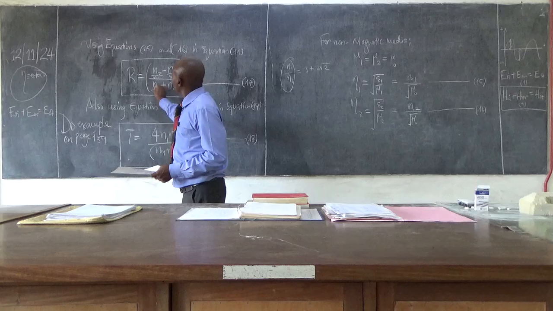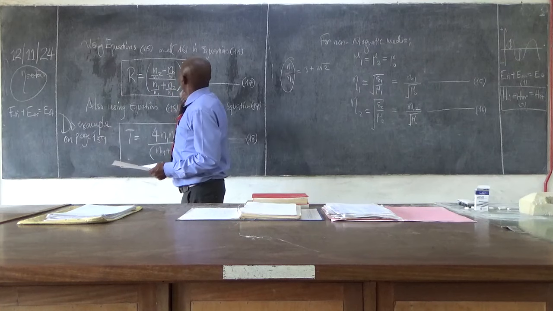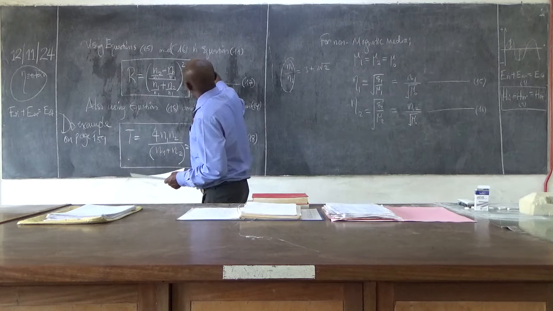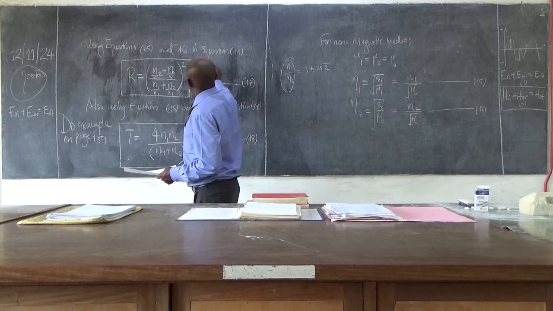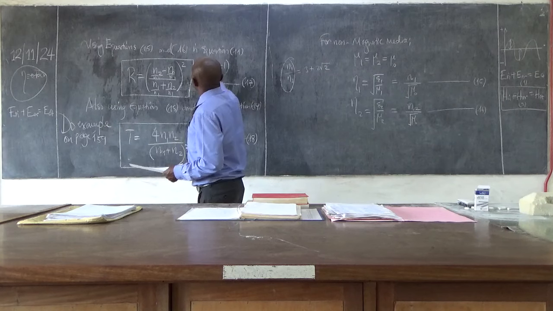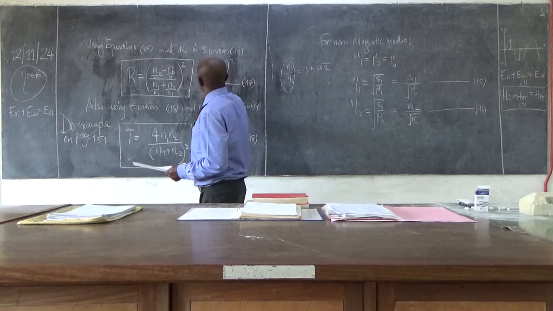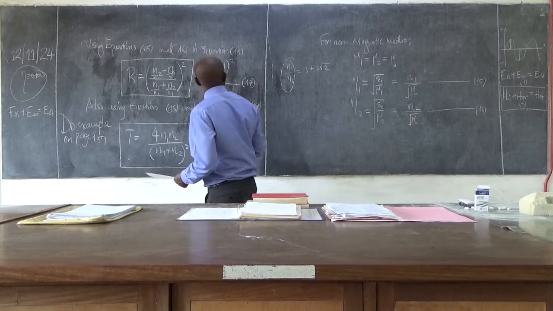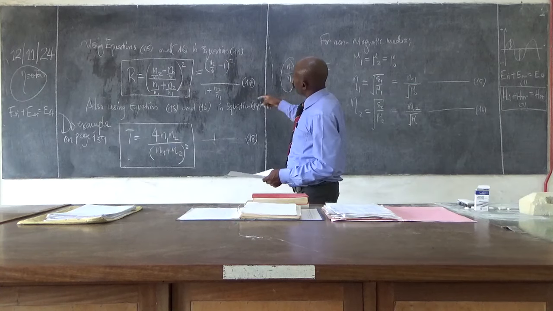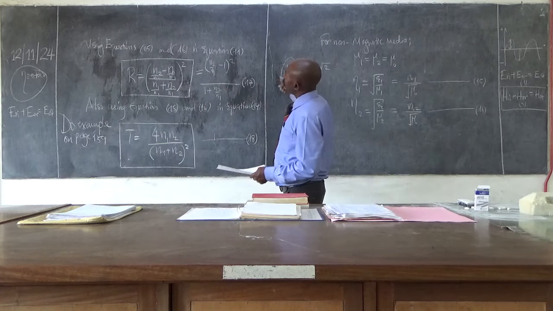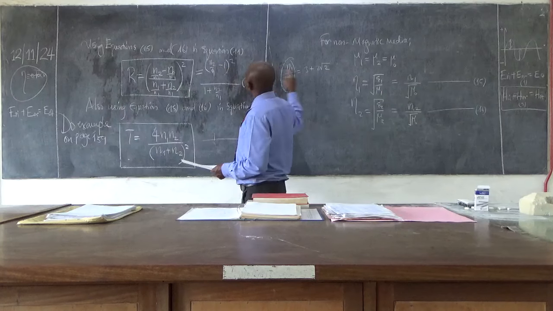This would be the same as N2 over N1 minus 1, squared, over 1 plus N2 over N1, squared.